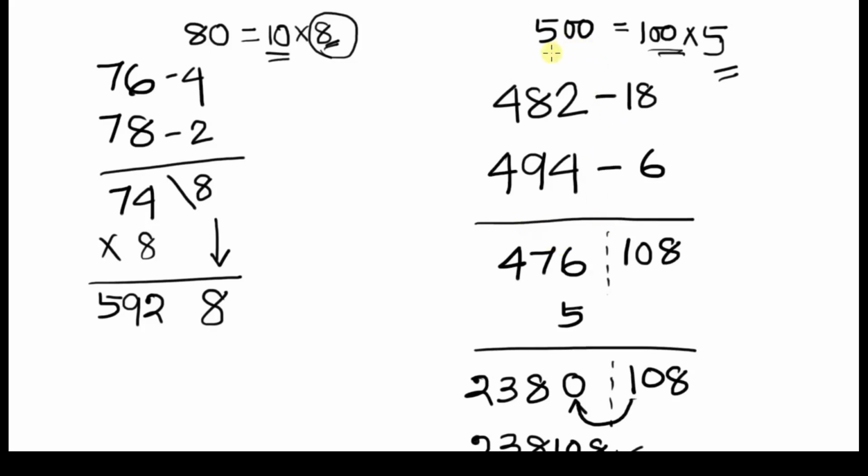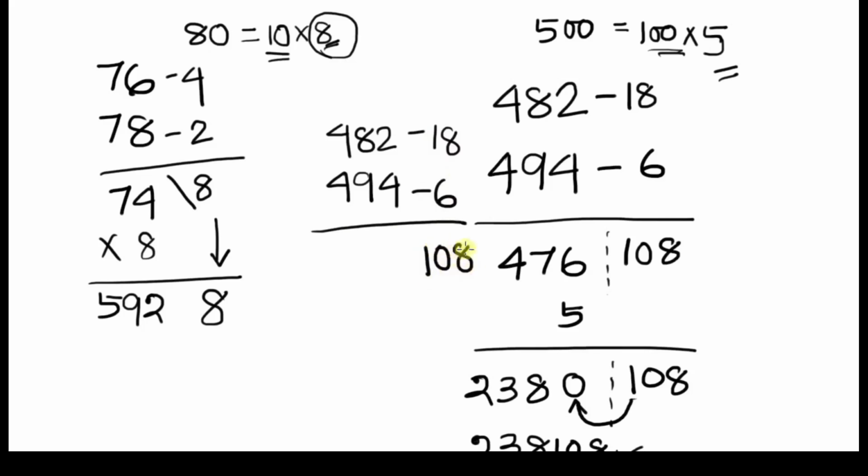So this is like taking a different base other than 100. Let us extend this to still higher numbers. This time I will take two 3-digit numbers, 482 multiplied by 494. If I take my base as 100, on this side I will get bigger differences.